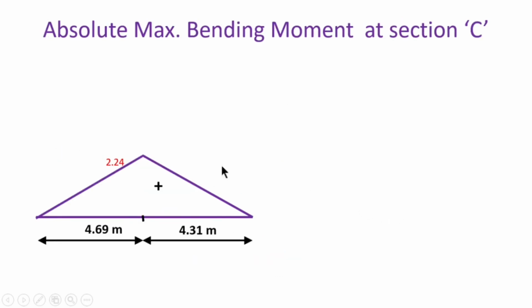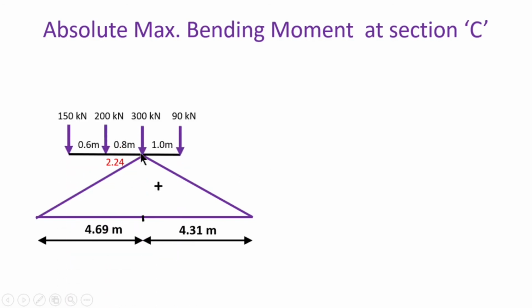The next step is to calculate the absolute maximum bending moment at section C. This is now the section C. So here we keep the 300 kilonewton load over this section, and the remaining are fixed distances: 1 meter, 0.8 meter and 0.6 meter.